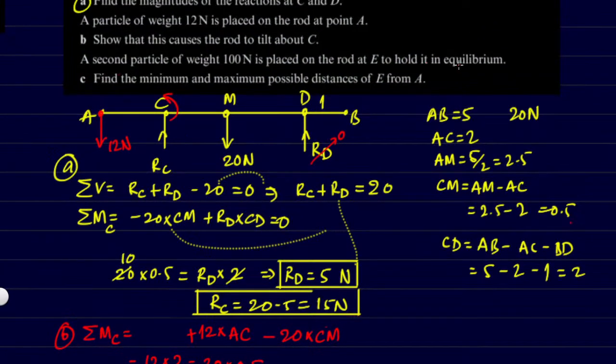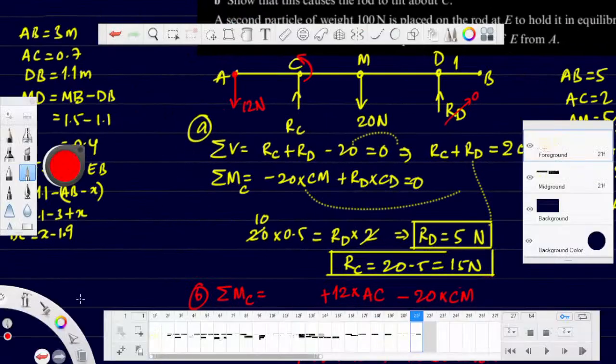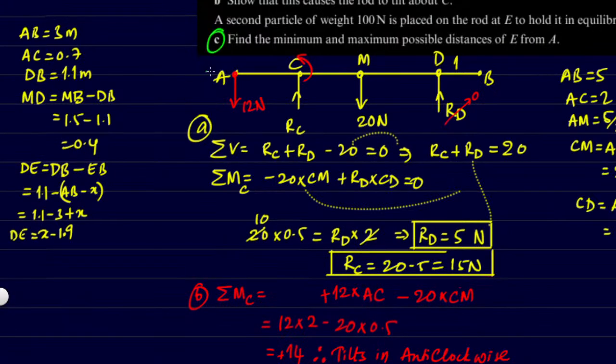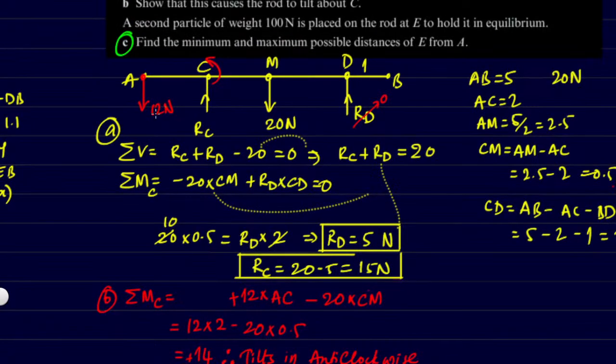Then next for the C bit, let's change the color once again. Let's go with green now. A second particle of weight 100 Newton. That means 12 Newton is already there, and along with it we are adding one more particle of 100 Newton placed on the rod at point E to hold it in equilibrium.